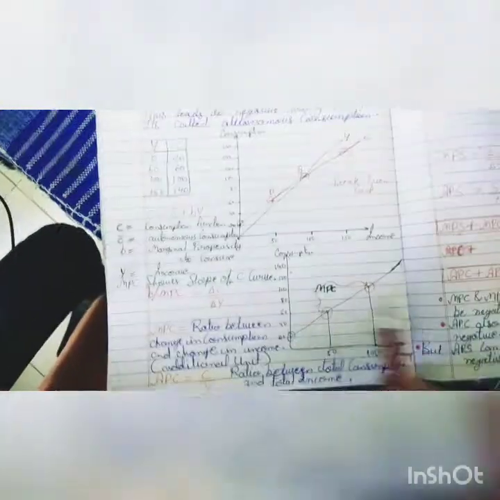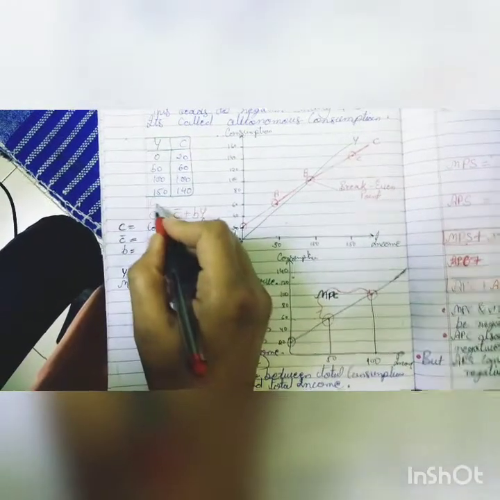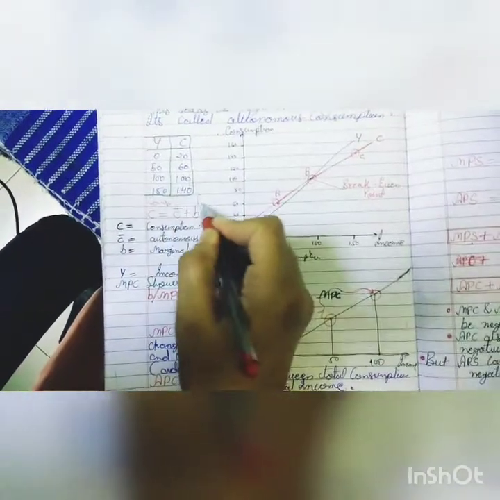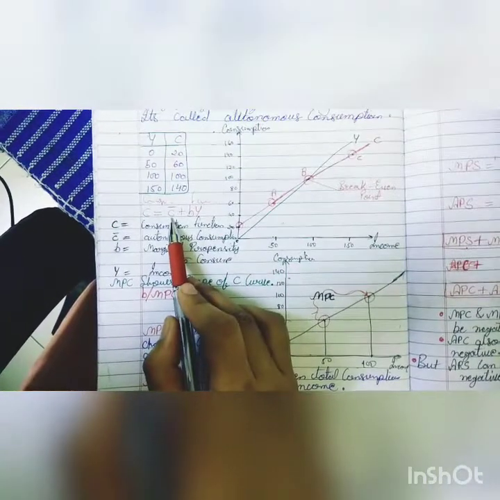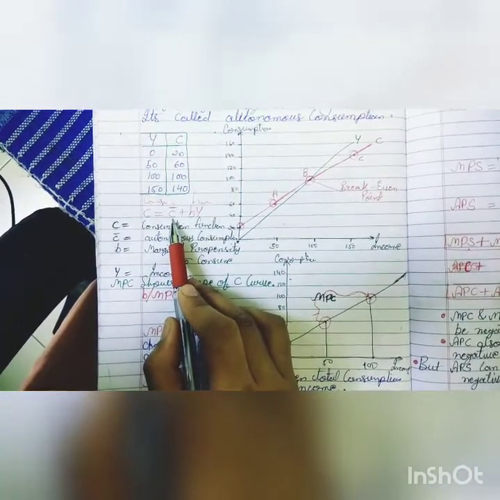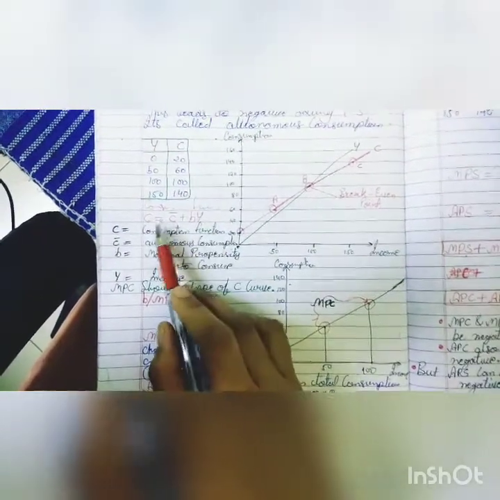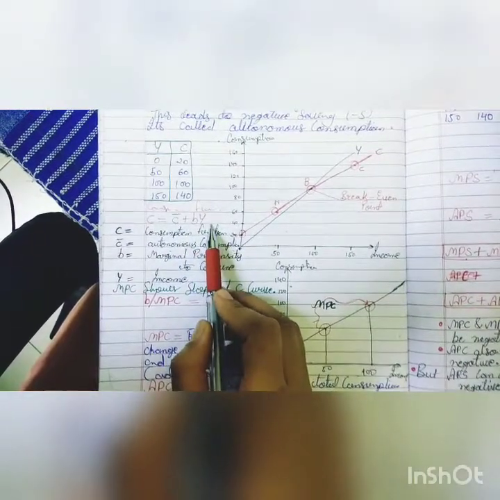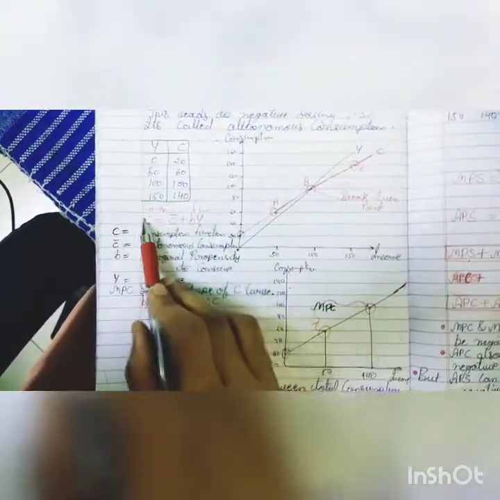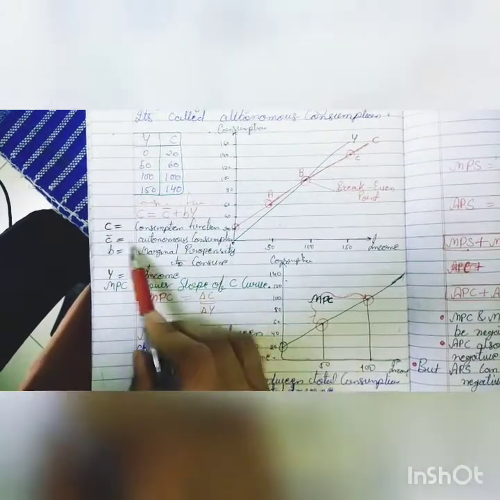Now see carefully, it's very important. This is the consumption function equation: C equals C bar plus B Y. Here C is the consumption function.